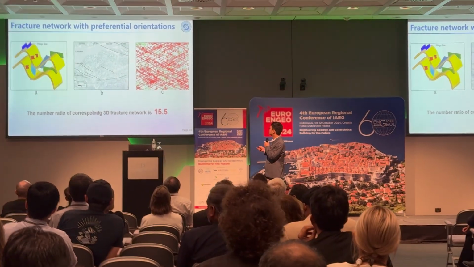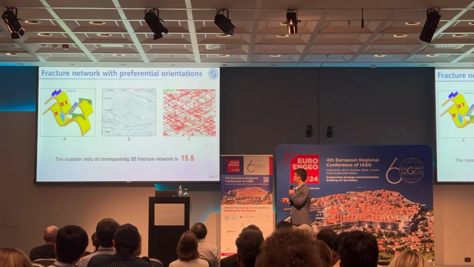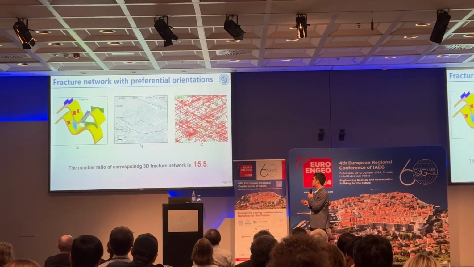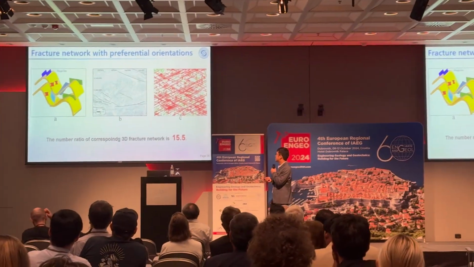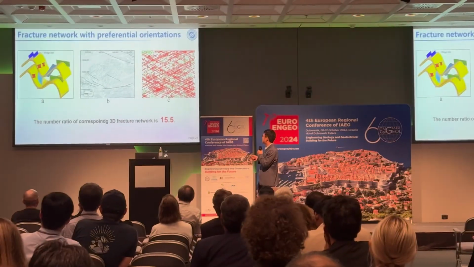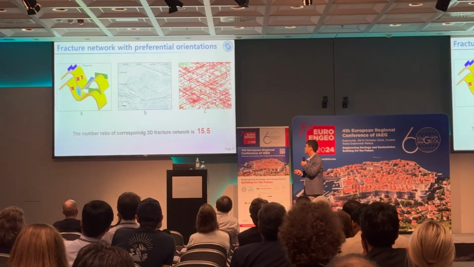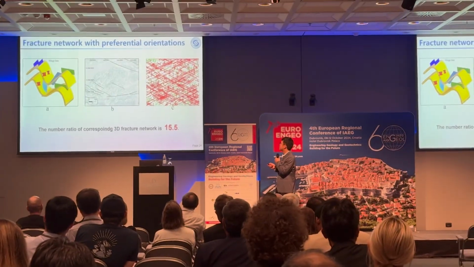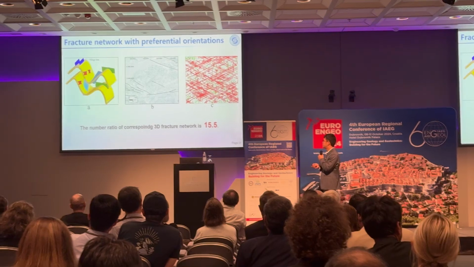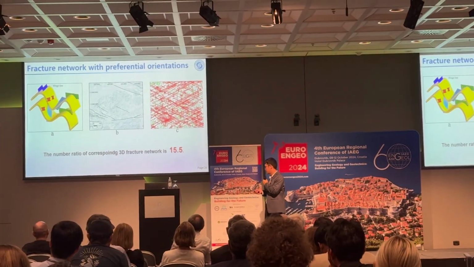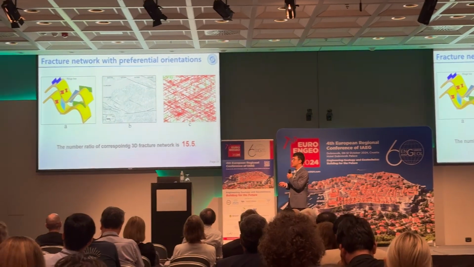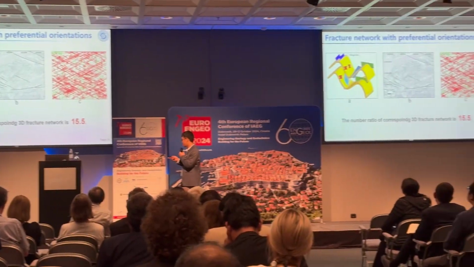Compared with this cross-section map and this outcrop map, you may see they are not identical, but they share some similar features, such as different fracture sets and the preferential trends. In these complex fracture networks, we also see that the number ratio of the corresponding fracture networks is 15.5. It's consistent with the result we observed, and the 3D fracture networks should be overpopulated.